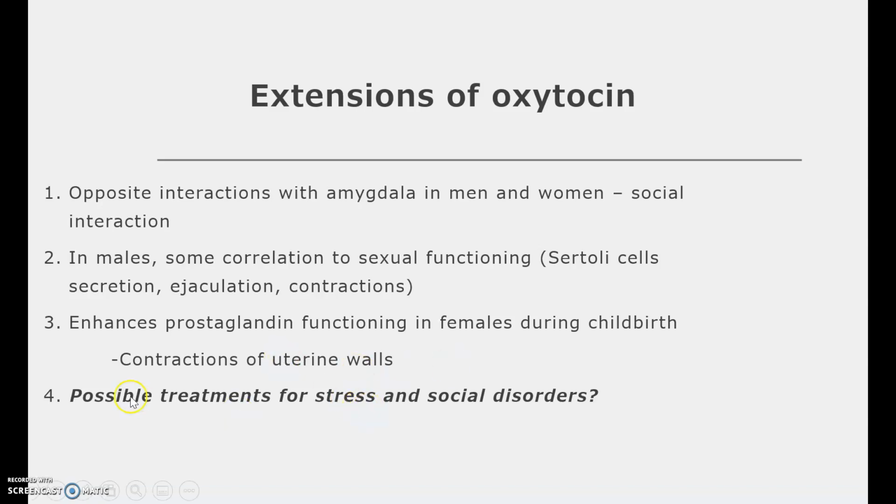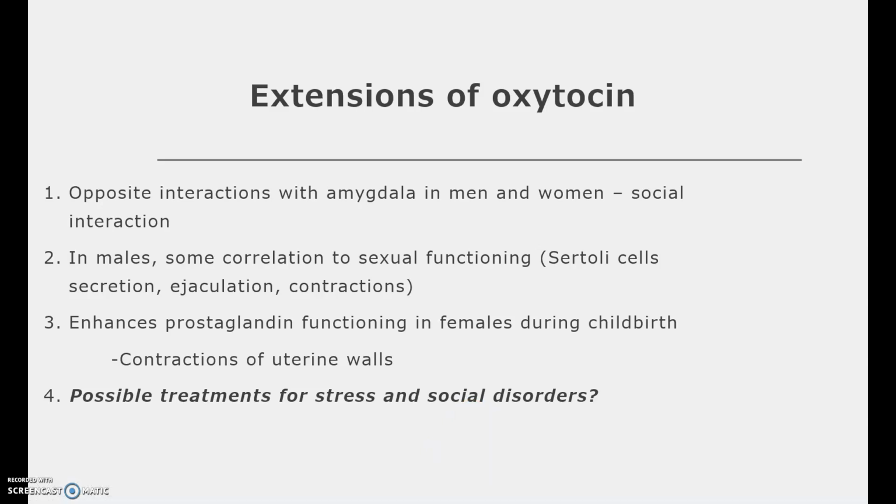And also, there's been a lot of synthesized oxytocin molecules. Since it is just a 9-polypeptide chain, it's rather easy to synthesize in a lab. And there have been some stress and social disorder studies with oxytocin, seeing how oxytocin helps people who are struggling with these types of disorders, hopefully to feel more bonded with somebody, hopefully to feel more connected.